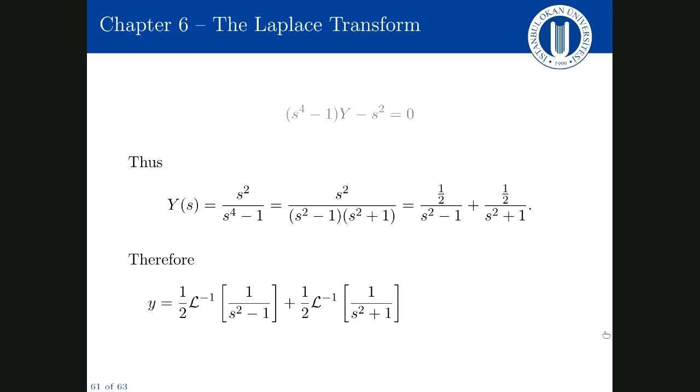To finish the problem, we can take the inverse Laplace transform of capital Y. Small y must be a half multiplied by the inverse Laplace transform of 1 over s squared minus 1 plus a half multiplied by the inverse Laplace transform of 1 over s squared plus 1. These two functions we can find on our table of elementary Laplace transforms. We can find that this is a half sinh t plus a half sin t.